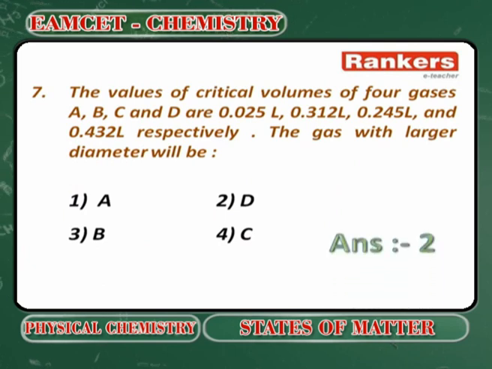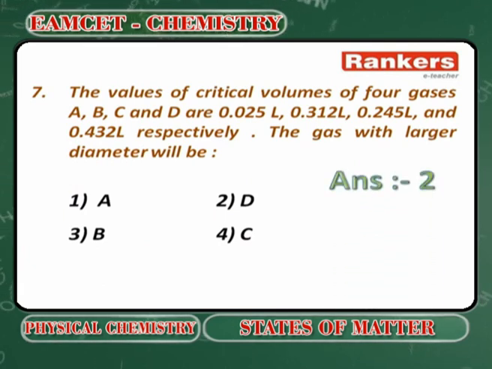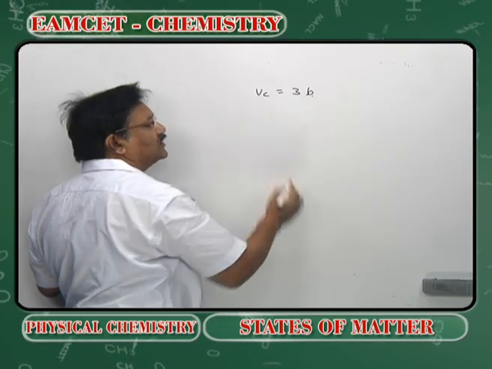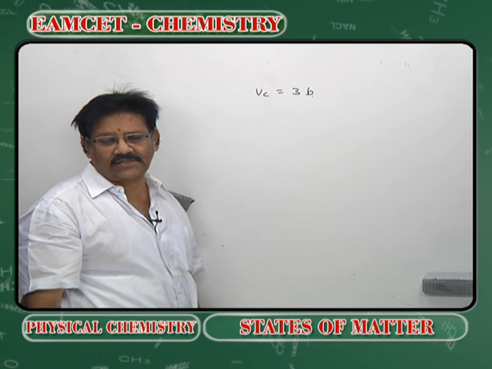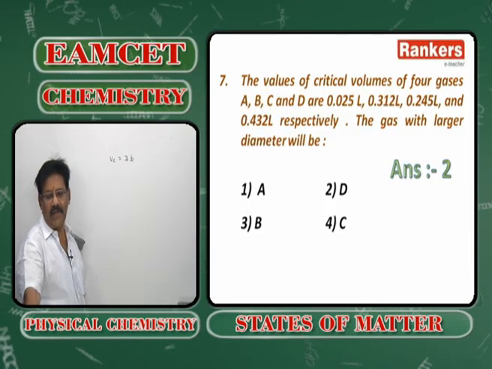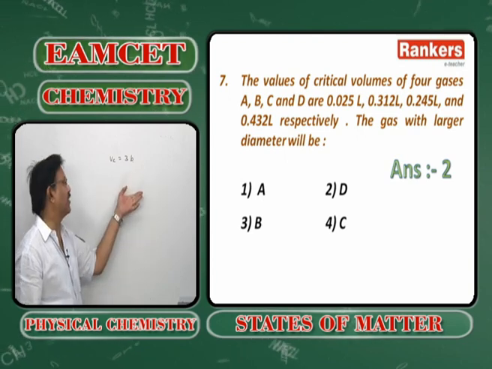Next question. The values of critical volumes are given. So what is the point when critical volumes are given? What does it imply? Vc is equal to 3b. In the given set of gases, gas D has the higher critical volume.